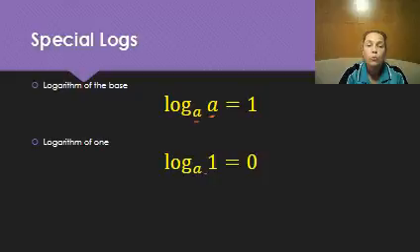The log of 1 to any base is 0. And once again, that makes sense because any number to the power of 0 is 1. So we're just writing those two index rules as special logs. Now that will be important later on when we come to do some solving log equations.